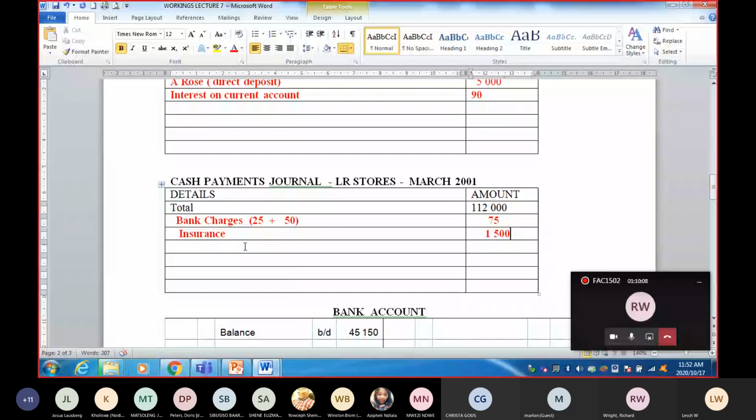This check is now dishonored by the bank because of insufficient funds. So Mrs. B. Smith paid us in the previous month. The bank has now informed us that Mrs. B. Smith never had money in her account to honor that check. So that becomes a dishonored check. You record that into your cash payments journal. You will now have Mrs. B. Smith, and the value of that check to be recorded in our cash payments journal is the amount of 2,100 rand.